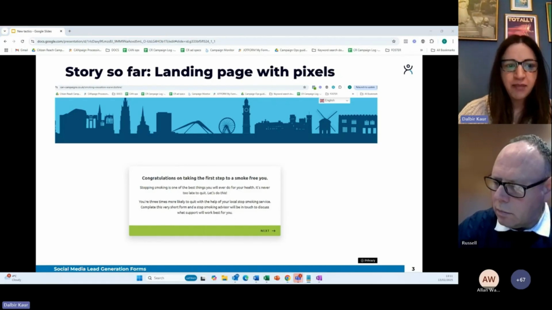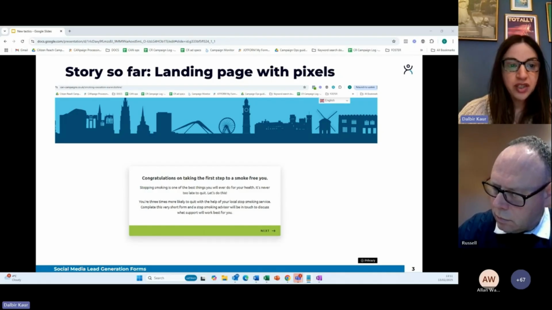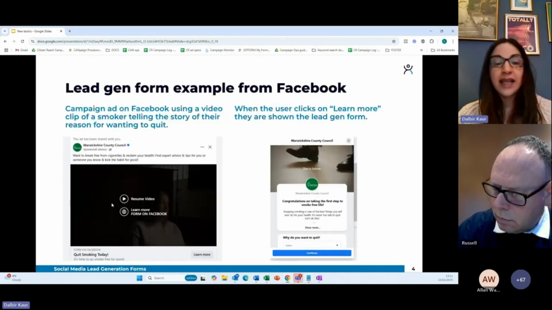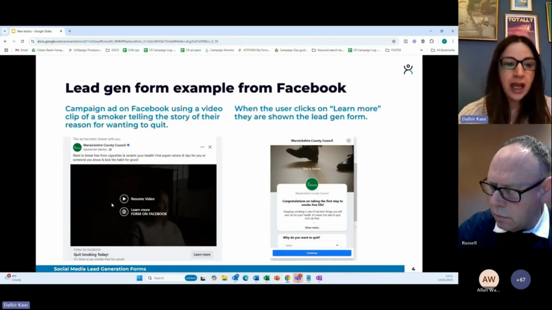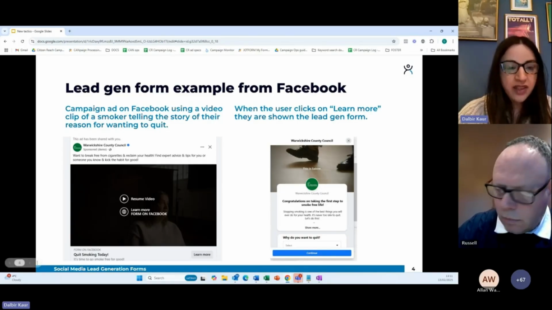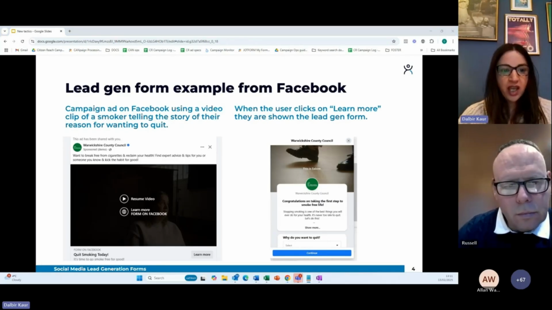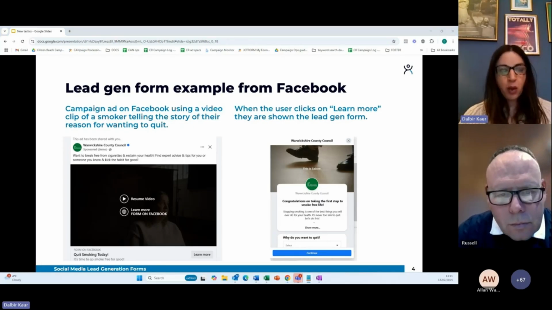We wanted to do better, so what we decided to do was run some in-platform lead gen forms in Meta and Snapchat. And we wanted to experiment to see if that would work. This is something that we've been doing in foster care recruitment, and it's been one of those things where you don't need to click away to a separate web page.